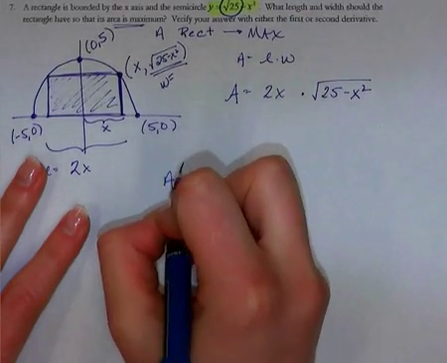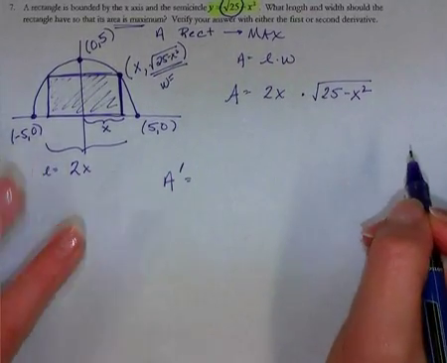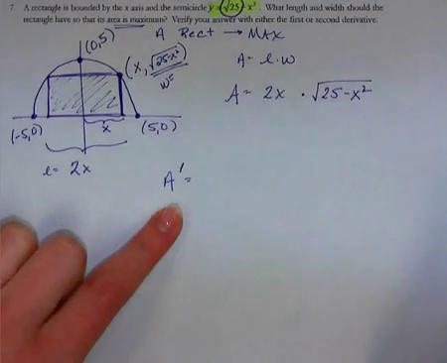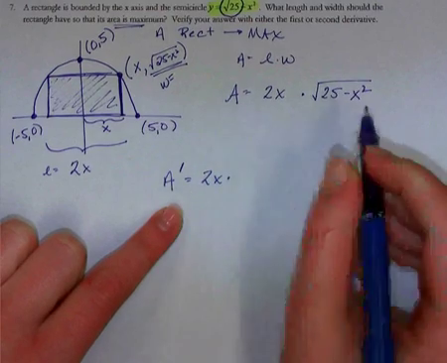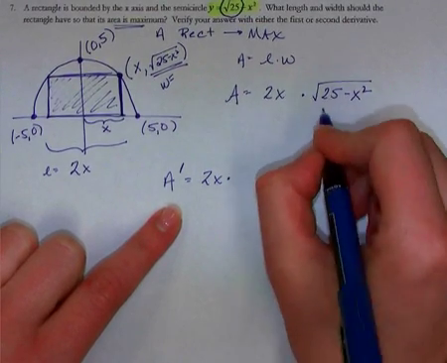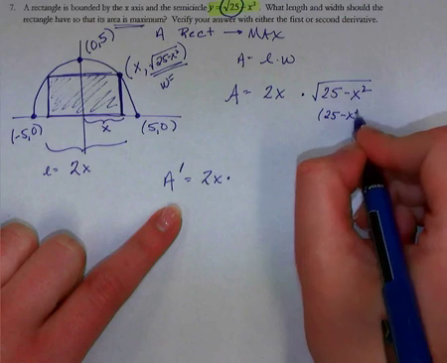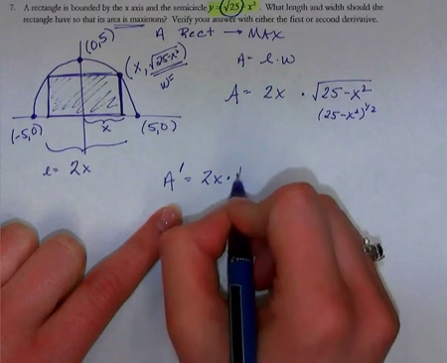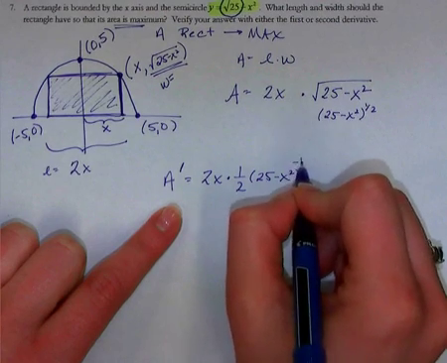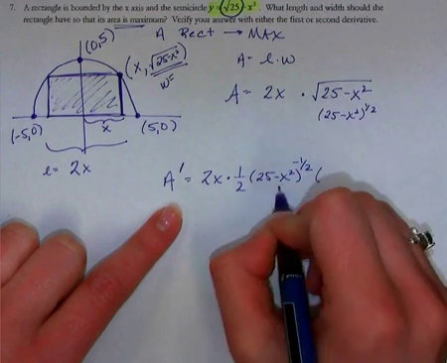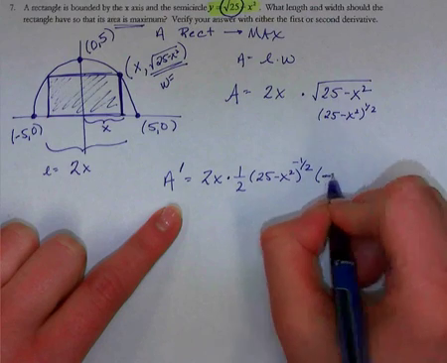The derivative of area is hi d ho plus ho d hi. So 2x times the derivative of this. Picture that as 25 minus x squared to the 1/2. 1/2, 25 minus x squared to the negative 1/2, chain rule, times negative 2x.